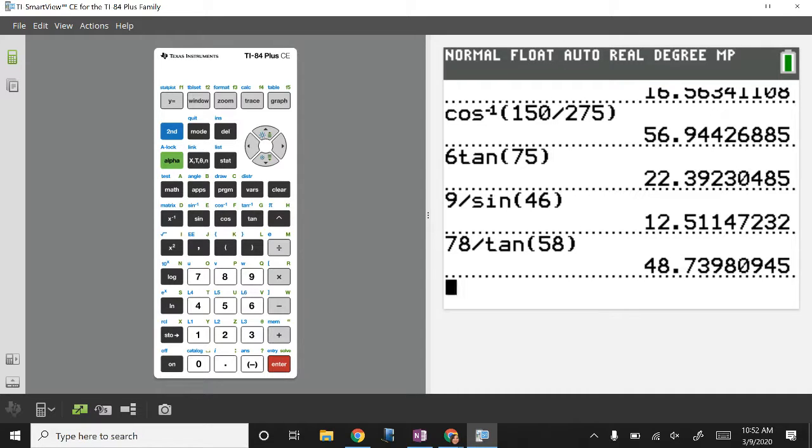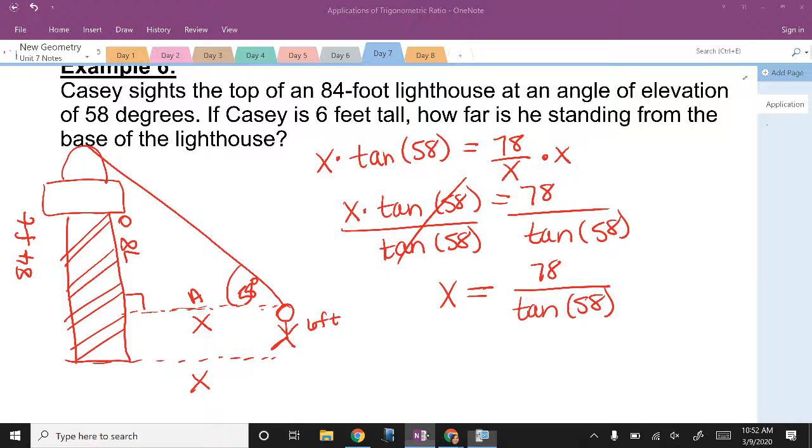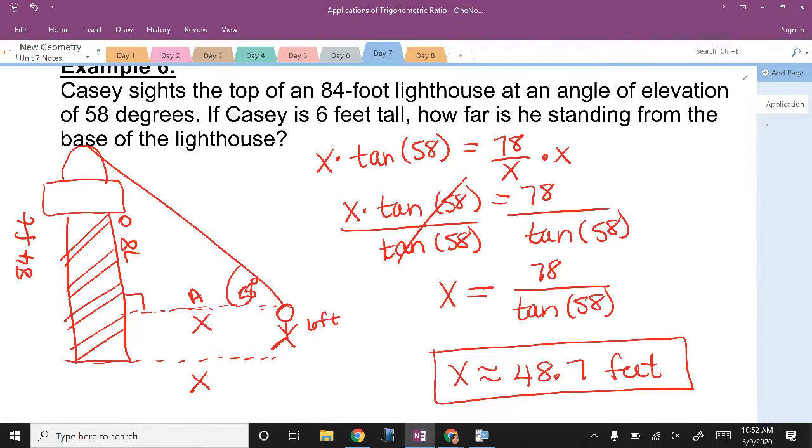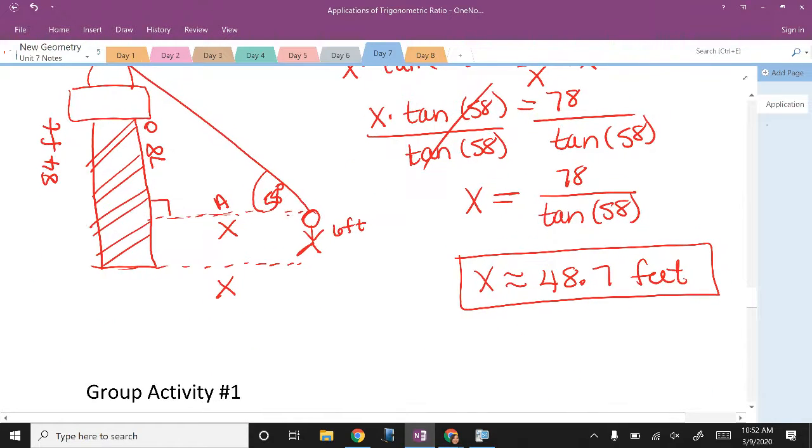Is it right? It is right. 48.7. So x is approximately 48.7 feet from the base of the lighthouse. Very good. So let's do one more problem like that, can we?